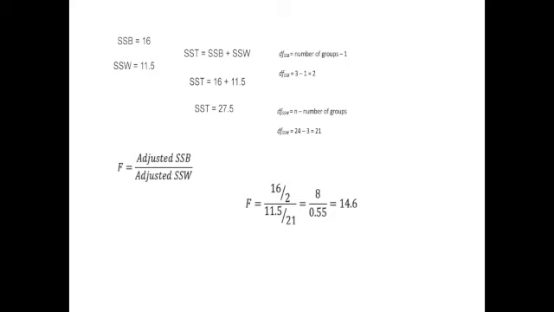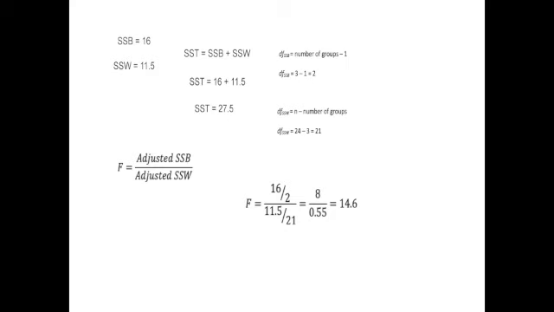So we divide 16 by 2, and we divide 11.5 by 21. That gives us an F statistic with the adjusted SSB of 8 divided by the adjusted SSW of 0.55. So our value of F is 14.6.